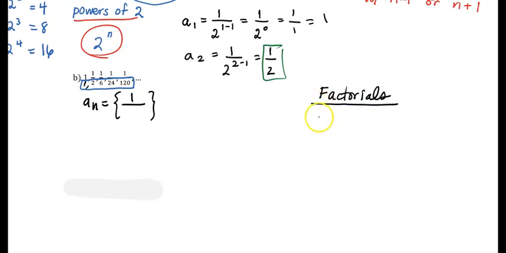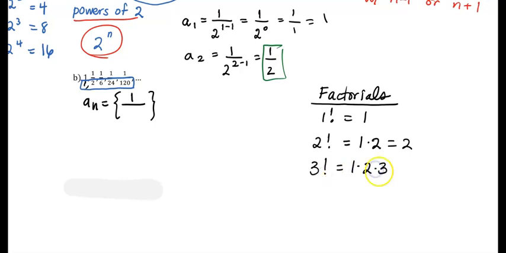I'll start with 1 factorial, which just means multiply 1 by itself. 2 factorial means multiply 1 and then multiply by 2, which would give us 2. 3 factorial means you start with 1 and you multiply up until you get to 3. So on and so forth.